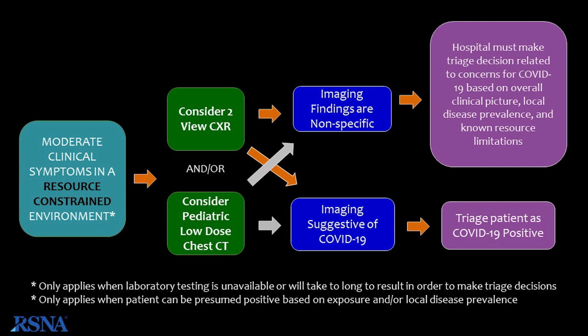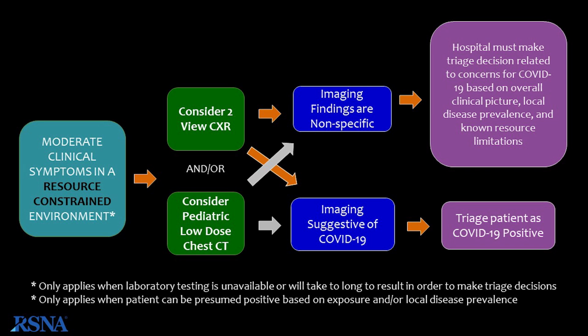In the moderate resource-constrained group, the first step is to consider either a chest X-ray or consider a low-dose chest CT. This is going to depend a lot on local practice patterns, imaging equipment that's available, and other clinical decision-making.